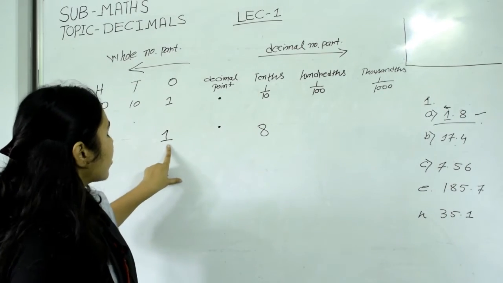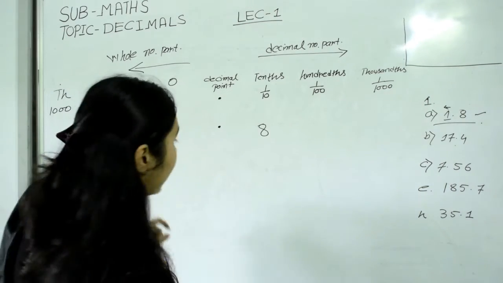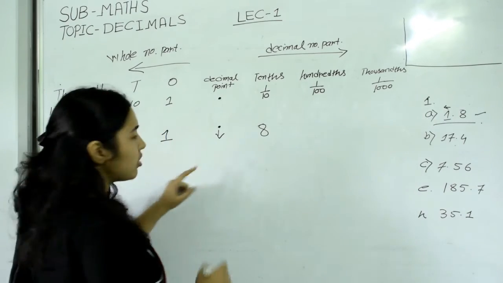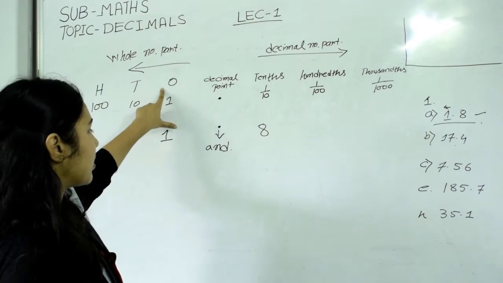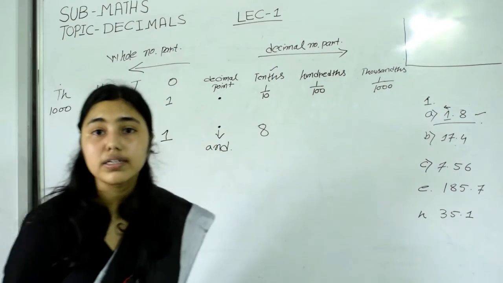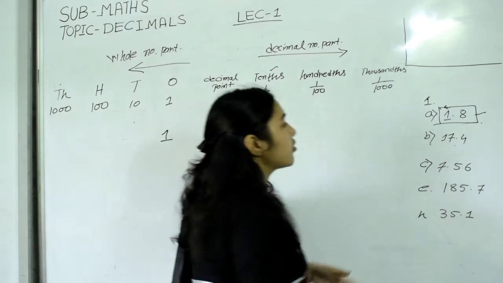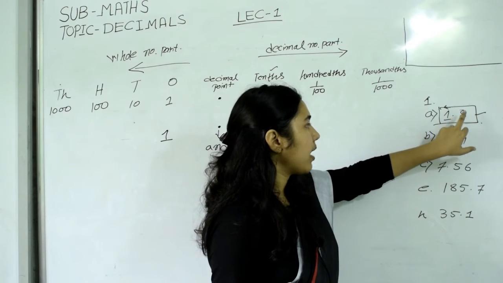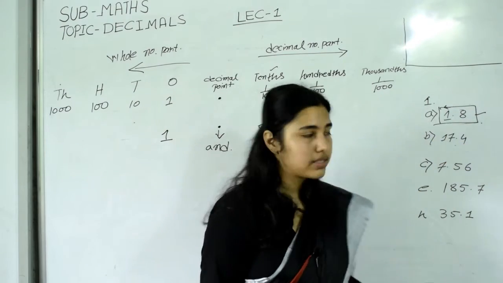Okay, so we call it 1.8, or 1 and 8 tenths. We can read this number as 1 one and 8 tenths.